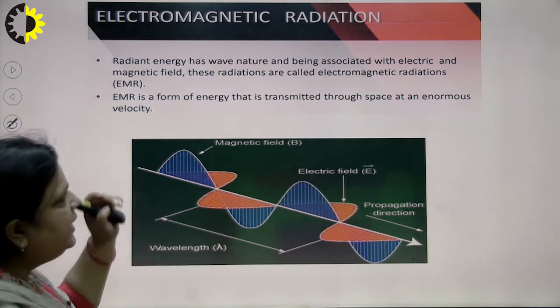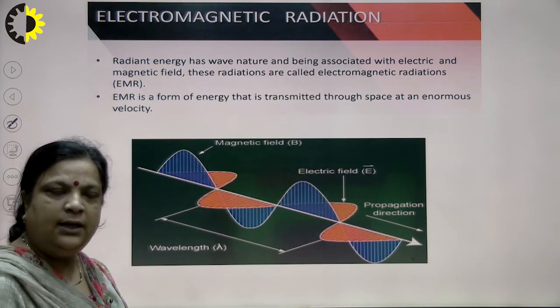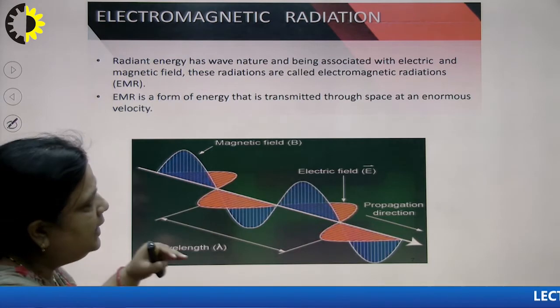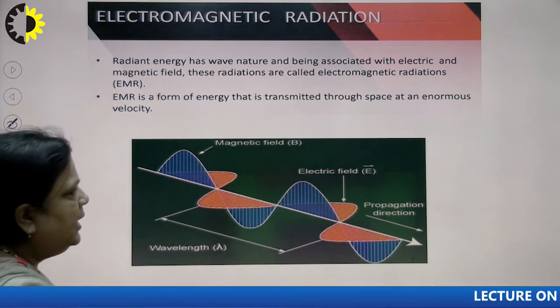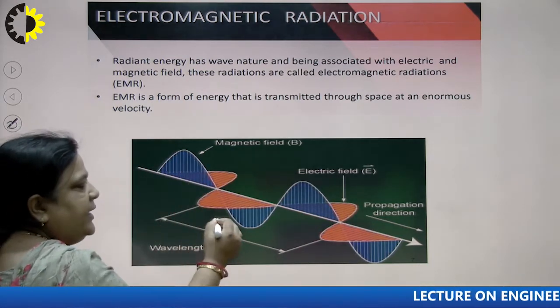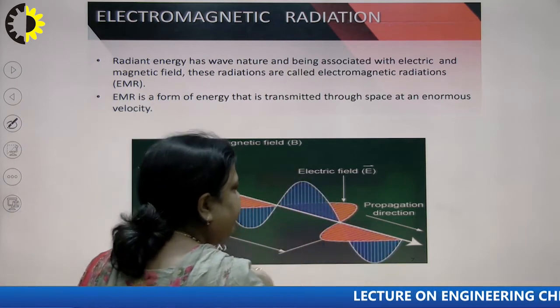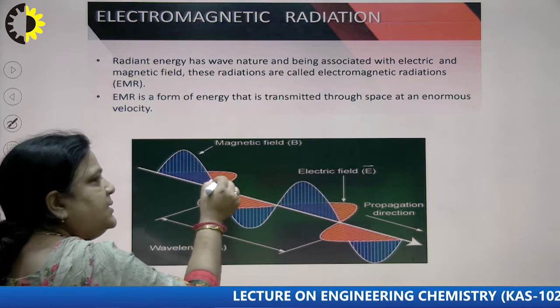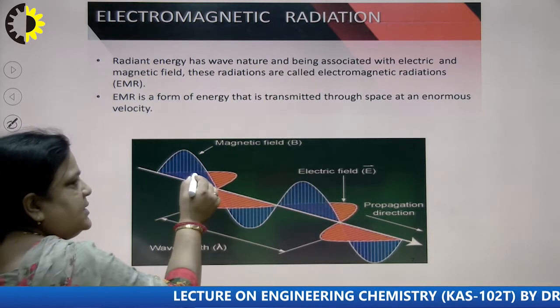Electromagnetic radiation is a form of energy that is transmitted through space at an enormous velocity, and it has an electric vector as well as a magnetic vector, and both are perpendicular.